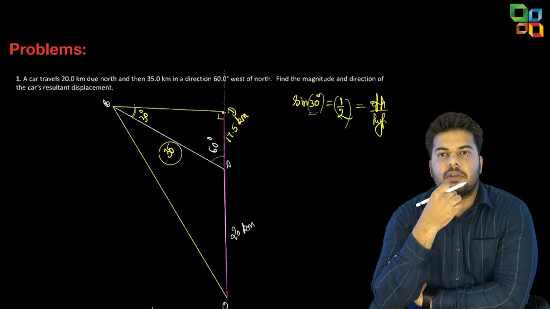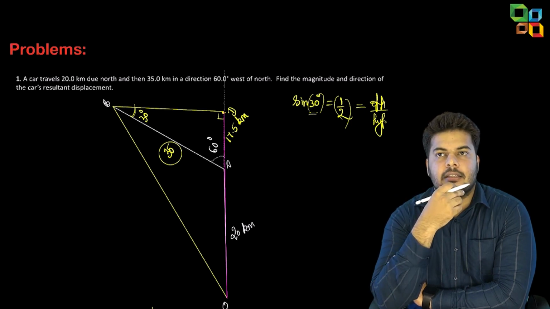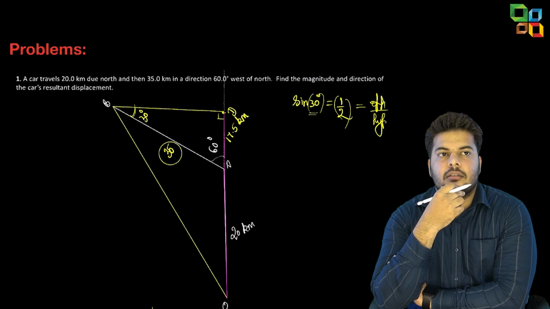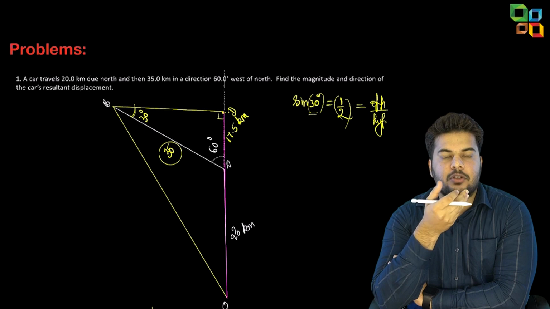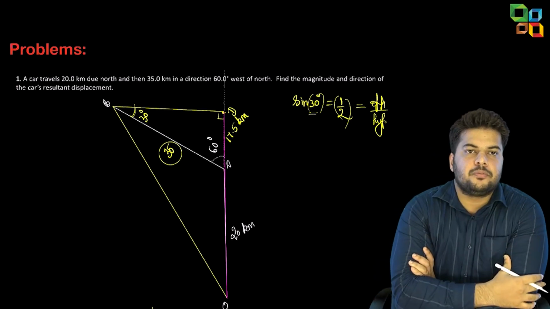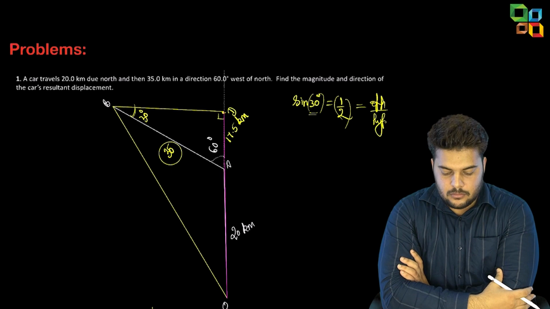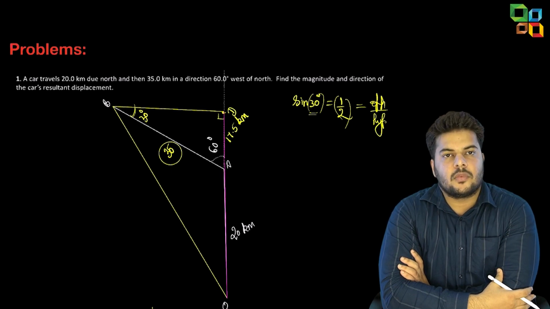Notice that the other side is opposite to 60 degrees or adjacent to 30 degrees. So what to do? What do we know?